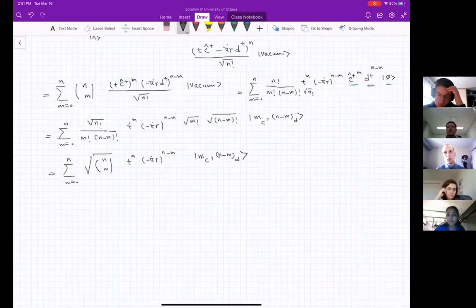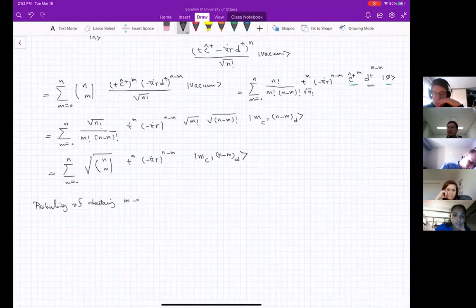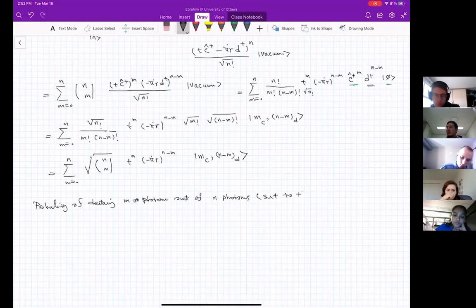Now the probability of detecting m photons out of n photons, which is sent to the detector, or let's call it the inefficient detector, is given by this.